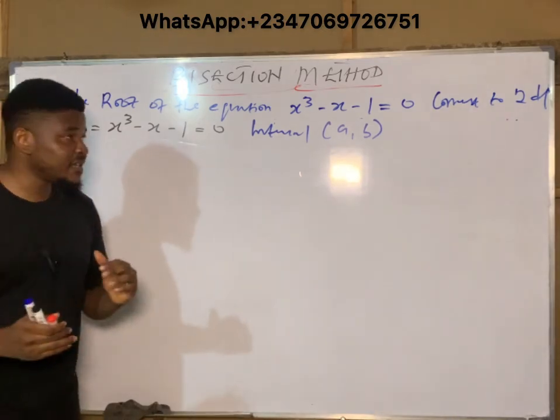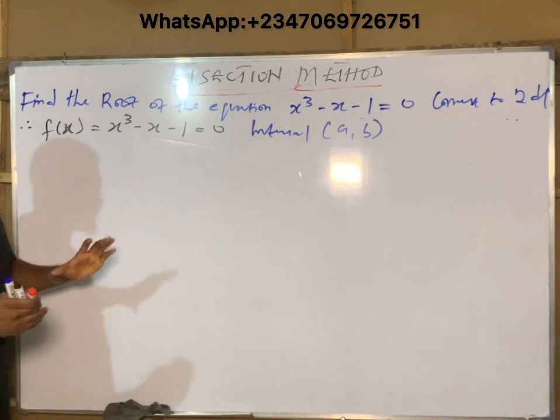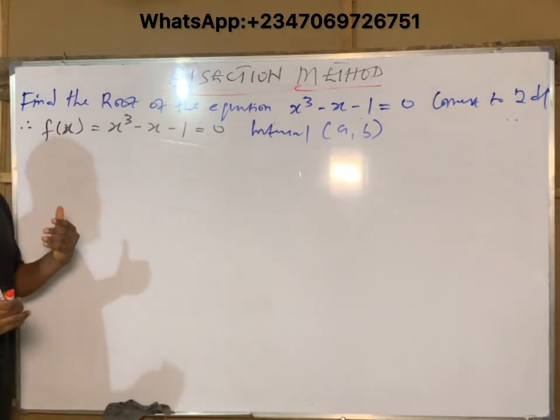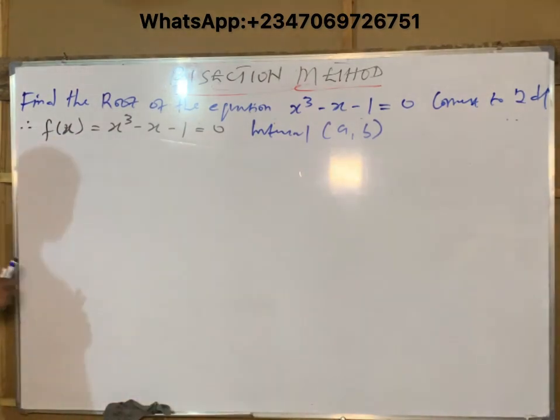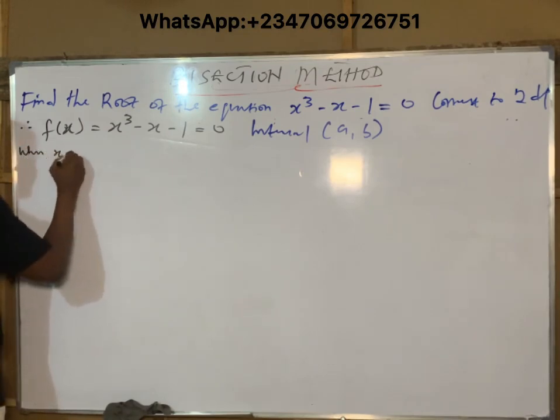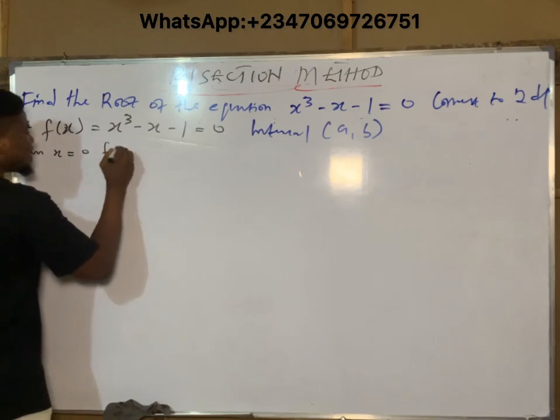Now this is what it means. We are going to be assuming values and plugging these values into this equation and observe the nature of the sign, if it is positive or it is negative. So we take our range from 0, 1, 2, 3, and so on. So when x equals 0, we have f of 0.